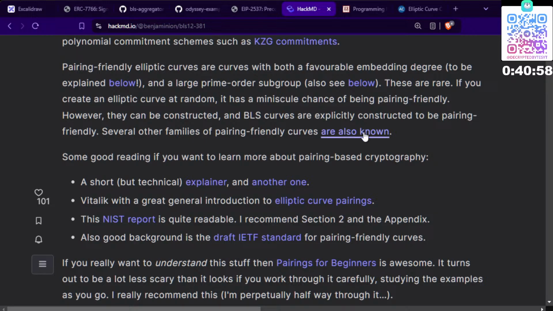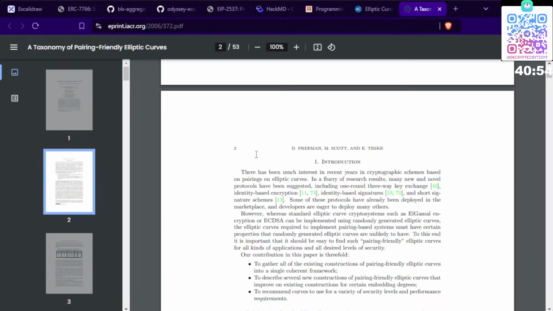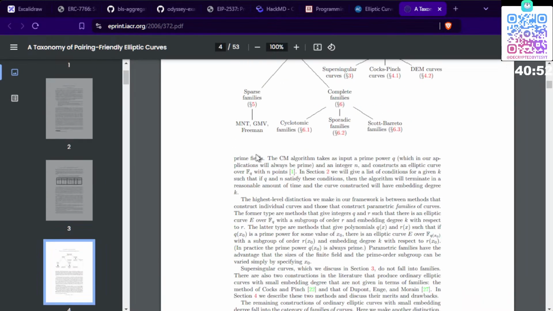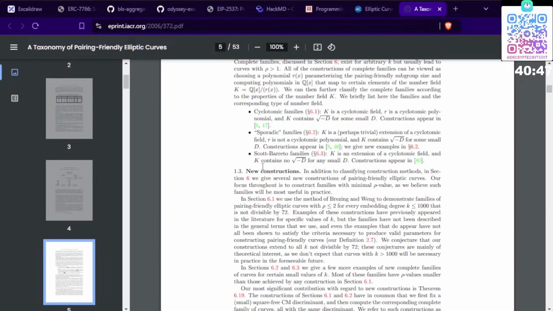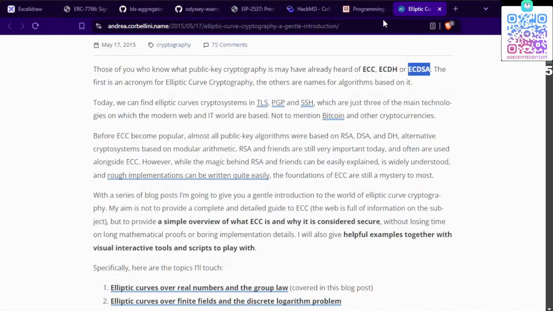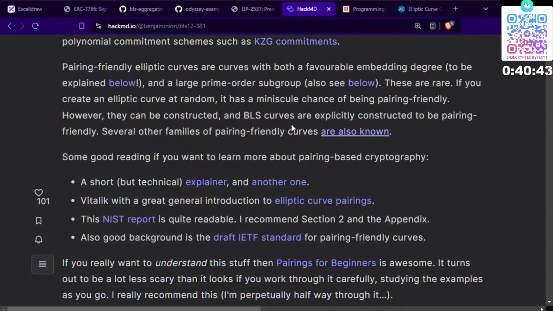What are those other curves? Okay, there is no chance I can understand any of this, so we can ignore it. Not ignore it, but I'll read it afterwards. This is much more important because I want to understand what BLS is and how BLS signatures work.